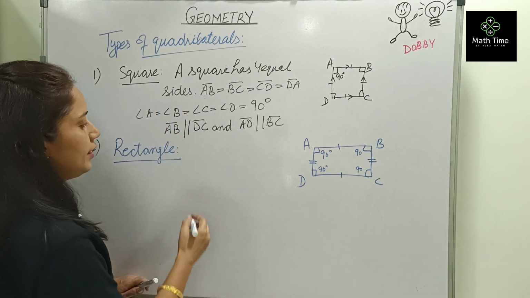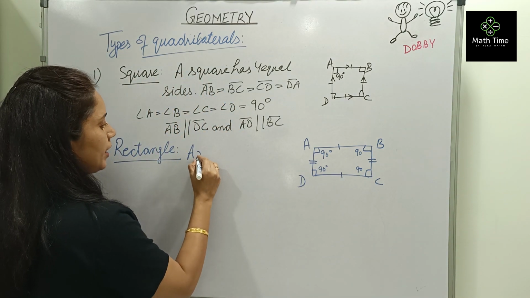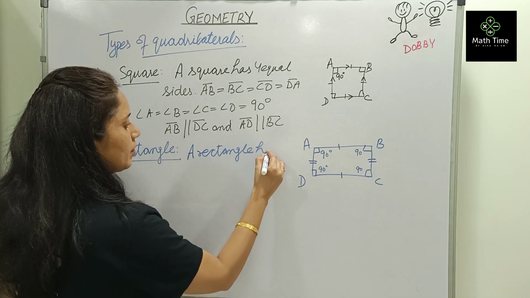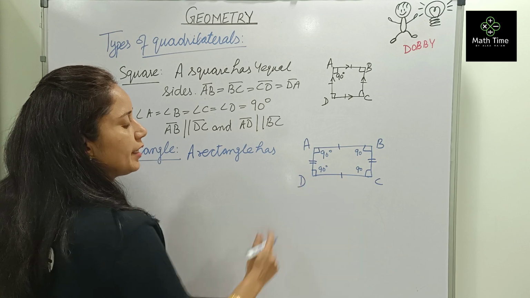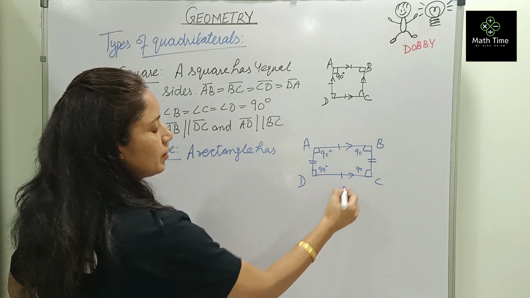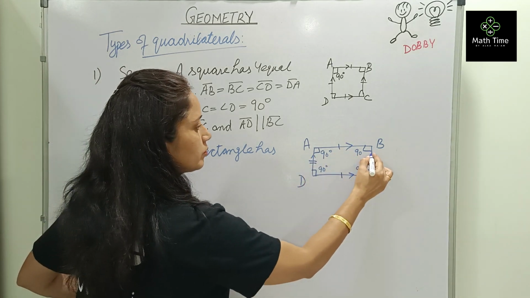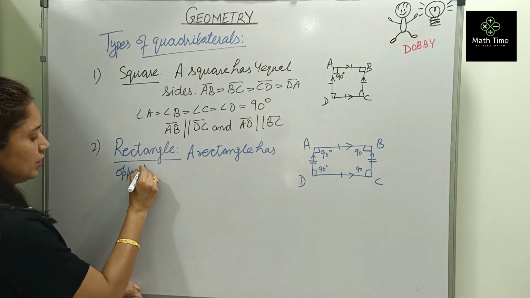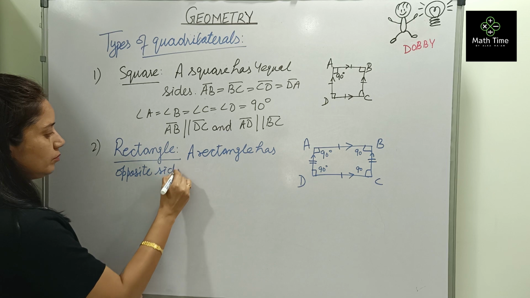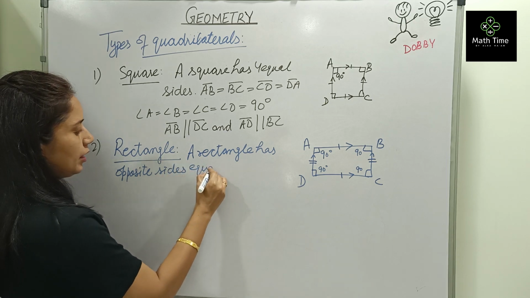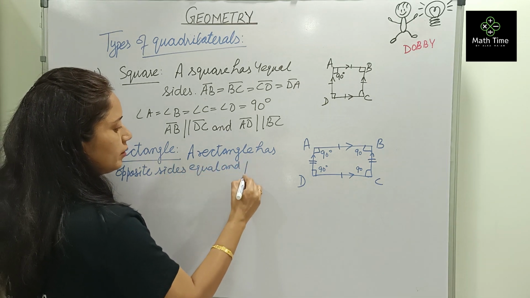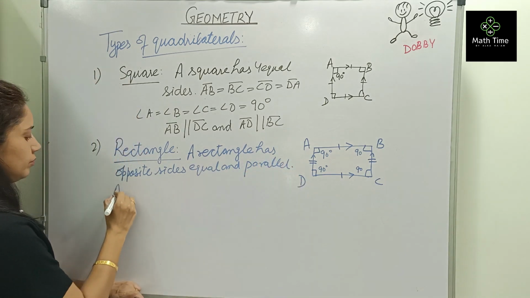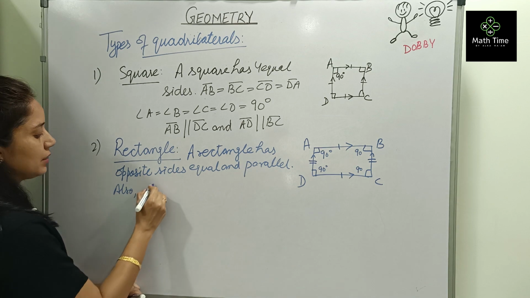Okay, let us write. A rectangle has opposite sides equal and parallel. Also, all angles 90 degrees.